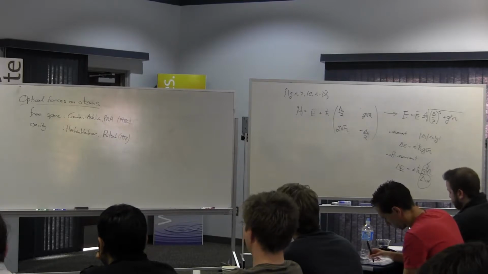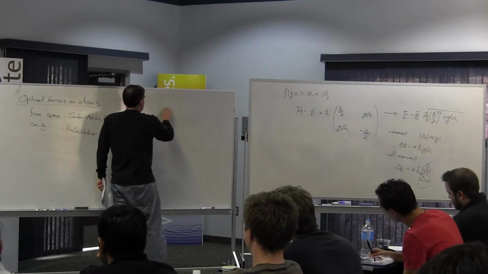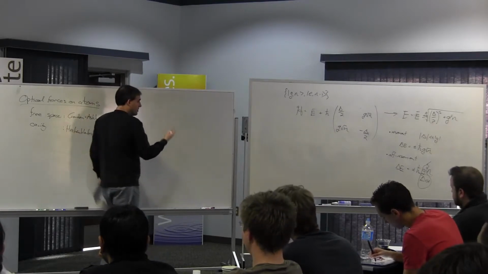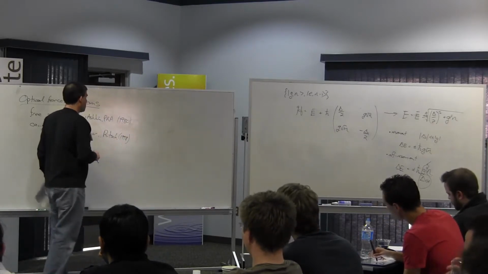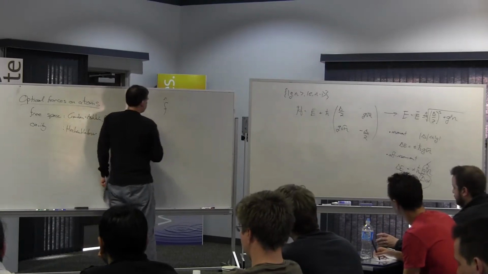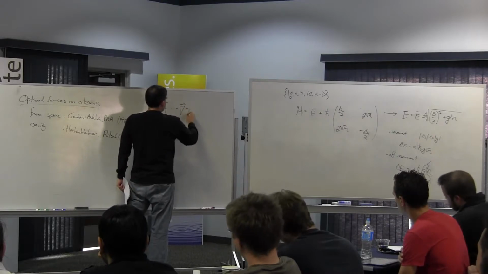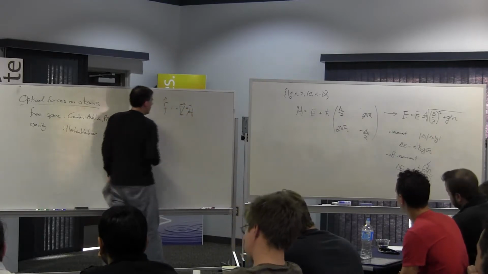And just summarizing what they do, in order to say something about the forces on the atoms, they introduce a force operator, which is defined as the gradient of the Hamiltonian with respect to the atomic position.